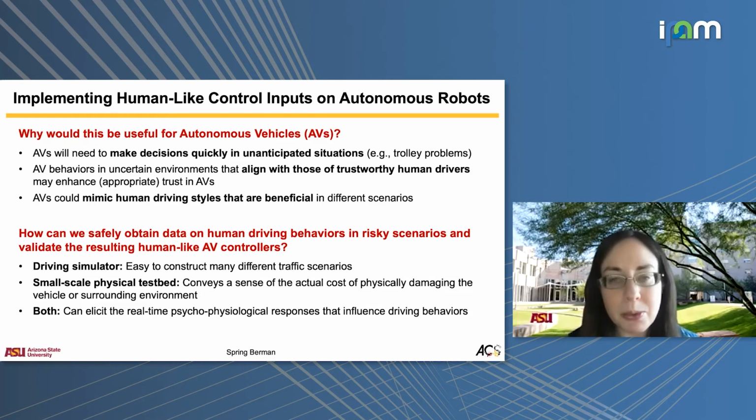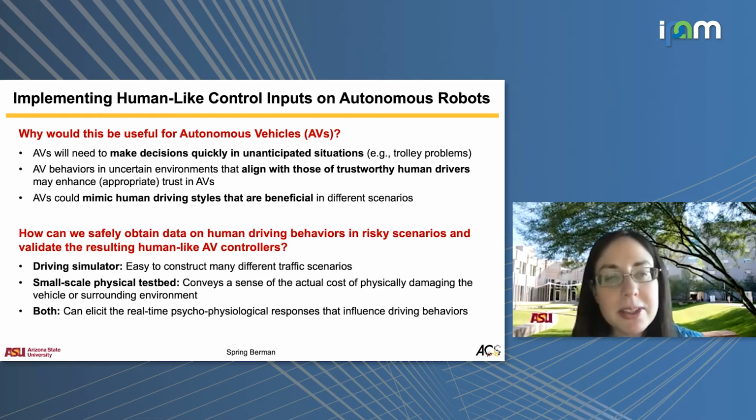And so why would we want to do this? So crashes and accidents with autonomous vehicles are inevitable. We've seen many of them in various accidents that have happened recently.